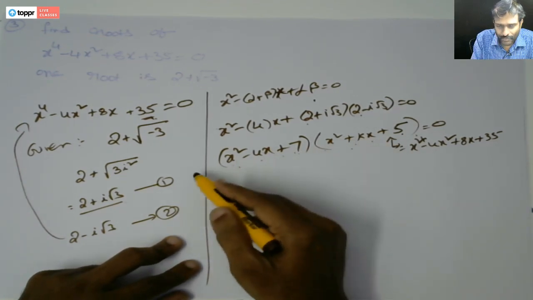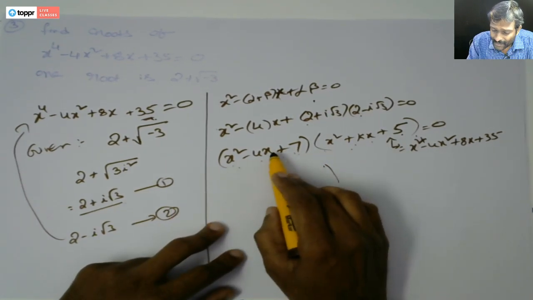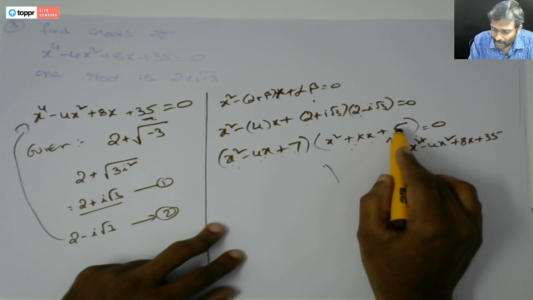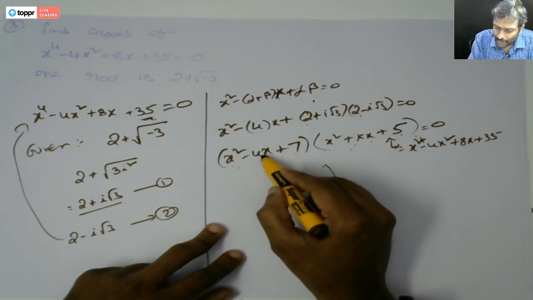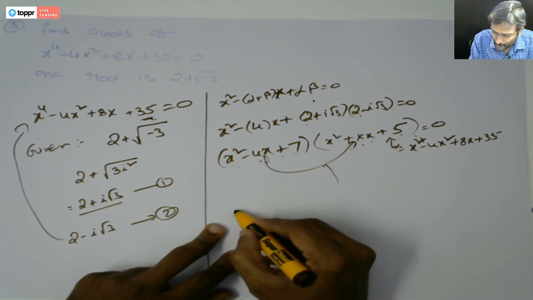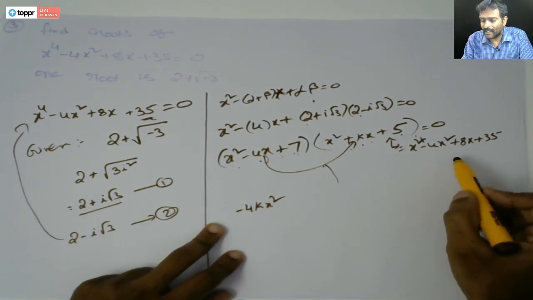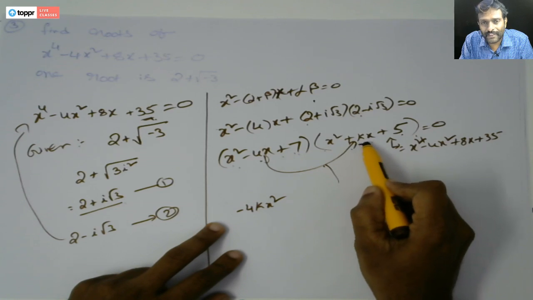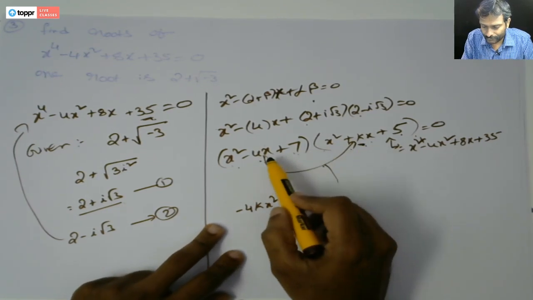Now when you multiply and compare the terms, x square and x square will be x power 4. I'm multiplying the constants, right? Now I'm taking the terms where I have the x square values.